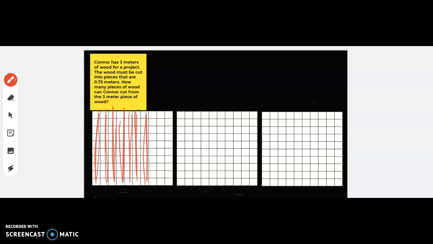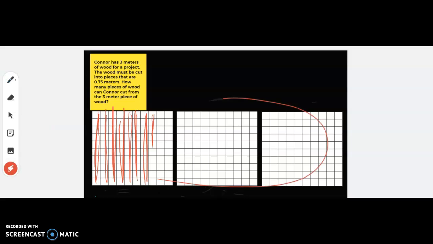But now the next part of my number is 5 hundredths, so I'm going to keep coloring 5 hundredths. 1, 2, 3, 4, 5. So in red, I have 75 hundredths marked. Technically, that's 1 piece of wood that he would have cut from his 3-meter piece of wood to begin with. I'm going to change colors because I have a lot more left to go.